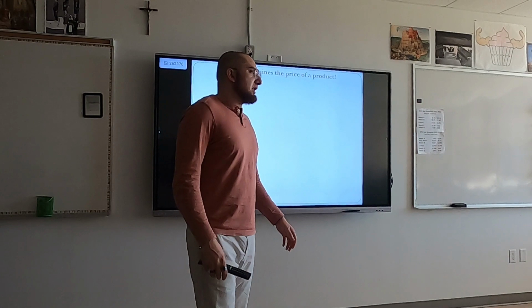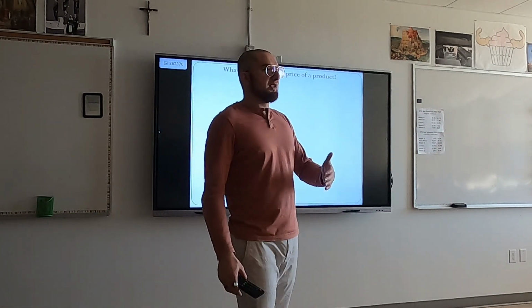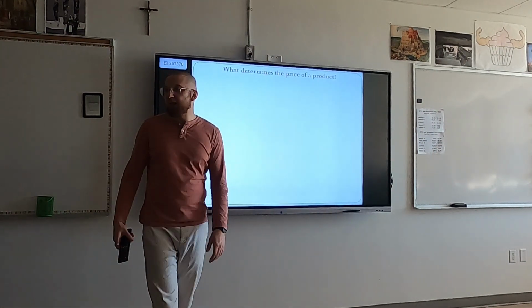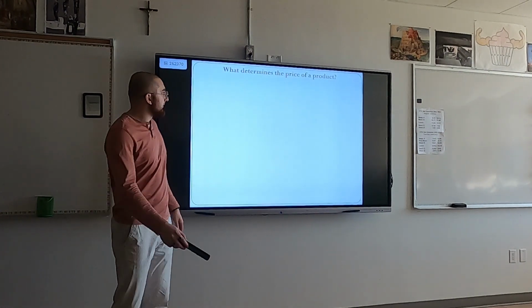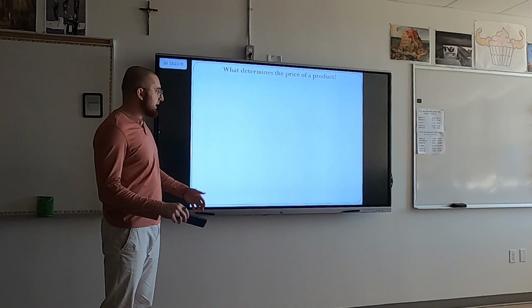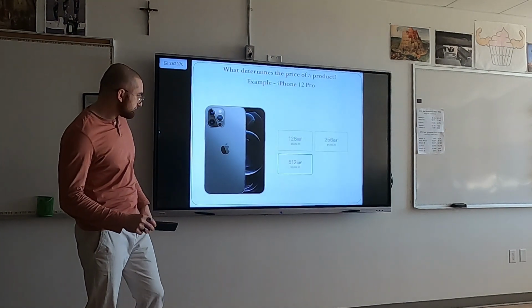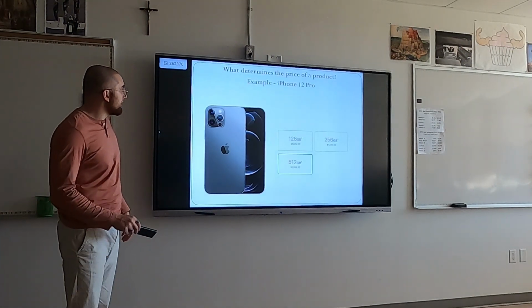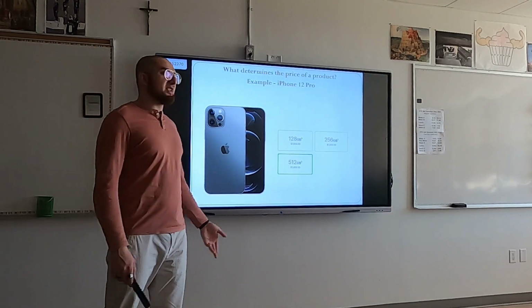A better way to think about it is, how should you as an individual think of your money, and what should you do with that? Building on the concepts we learned about previously, looking at a product. What determines the price of a product?